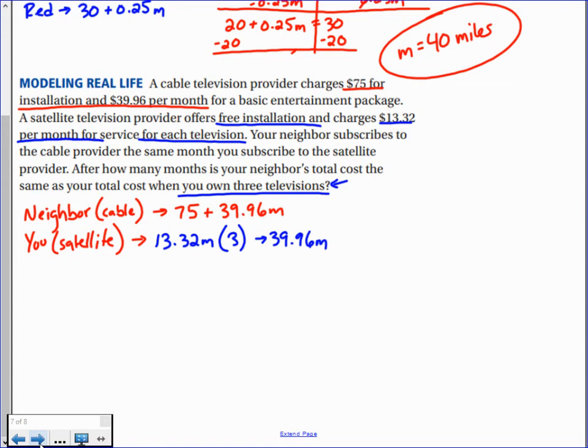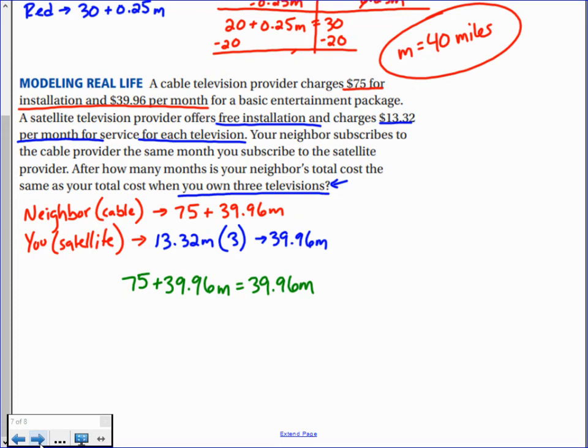Okay, and we need to figure out, okay, how many months will it take for your neighbor to be paying the same as you? So when will 75 plus 39.96 M be the same as 39.96 M? Okay, again, right off the bat, if you just take a second and think about this, you should realize that there's something strange about this problem.